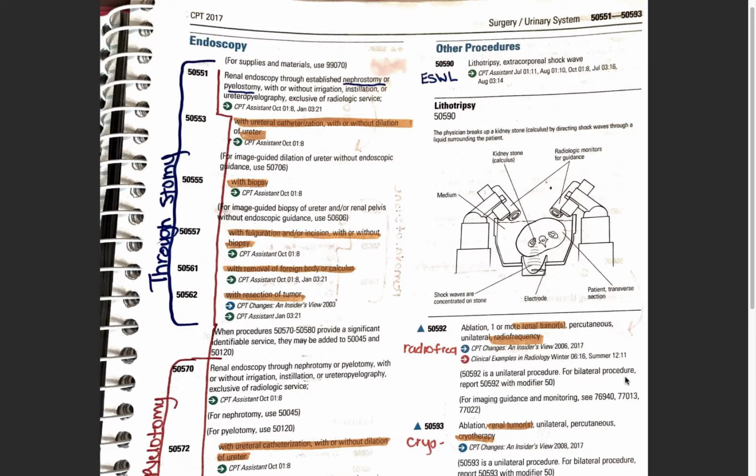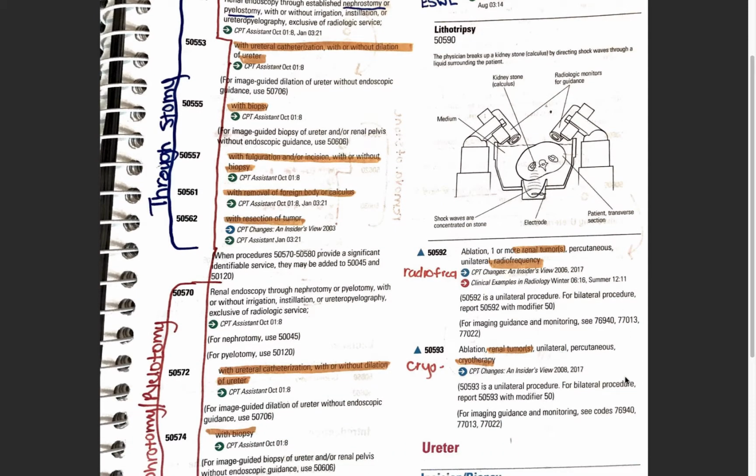Code 50590 is for a lithotripsy, which is breaking up these stones with a shock wave. This is commonly called ESWL, and it could be called that in a question or in a scenario, so you might want to write ESWL next to that code.